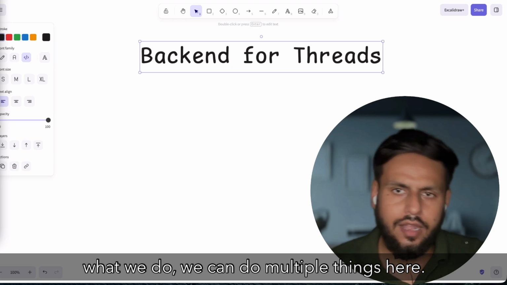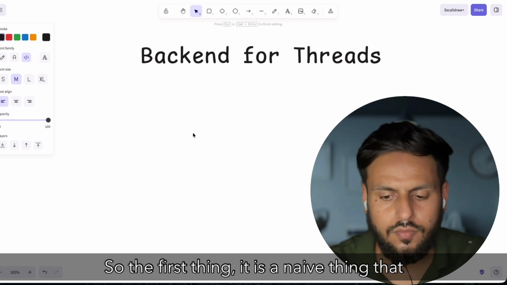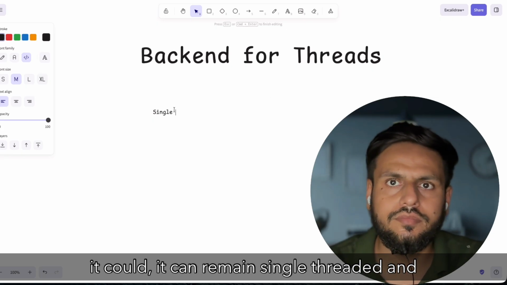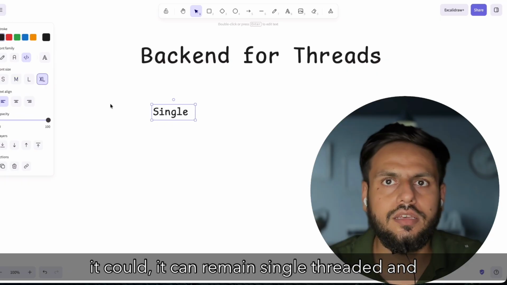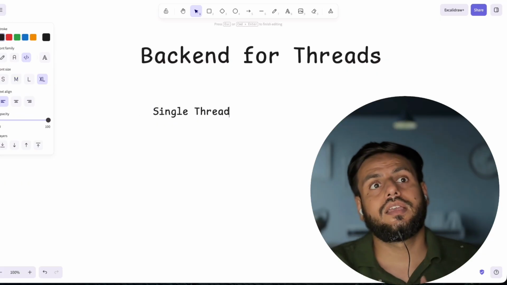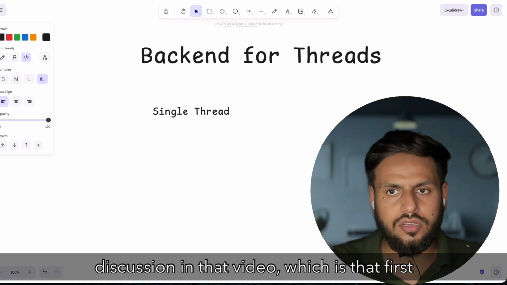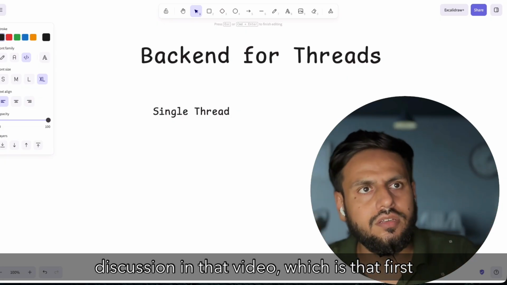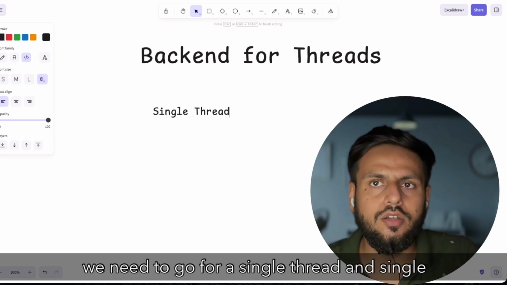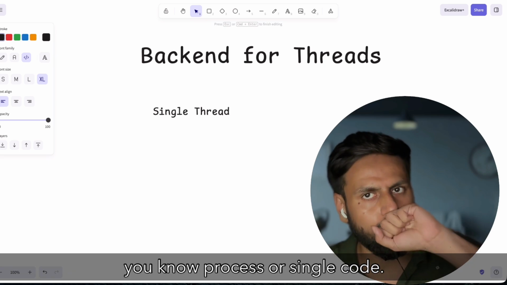We can do multiple things here. The first is the naive approach, that it can remain single threaded. These are the two opposite ends of the whole discussion in this video. Initially, due to the lack of multiple cores, we needed to go for a single thread, single process or single core.